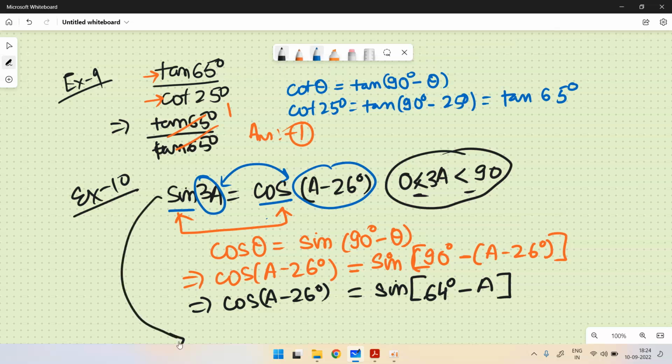From here, sine 3a equals sine of 64 degree minus a.